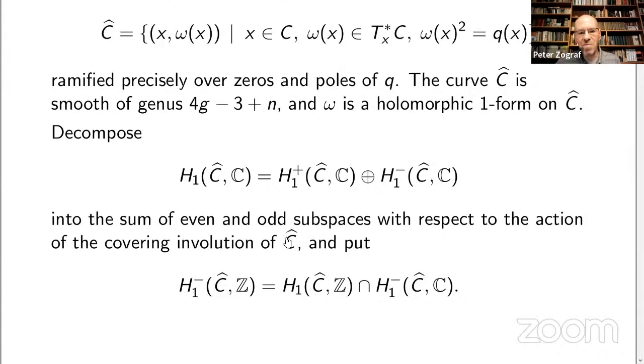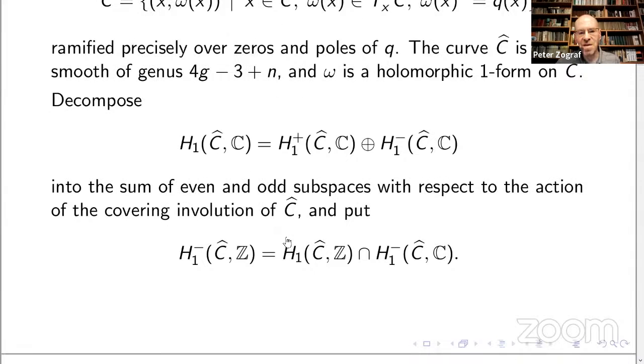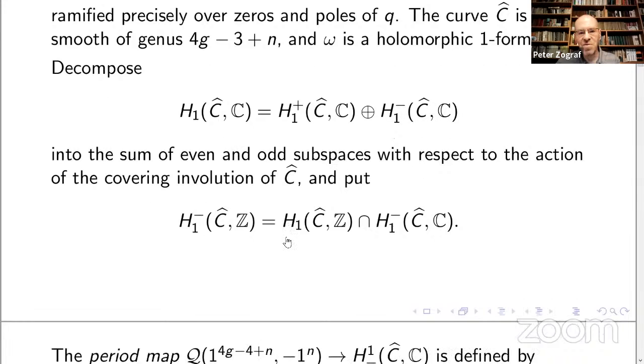Let us now put H1 with superscript minus to be the group of odd homology classes on C hat.